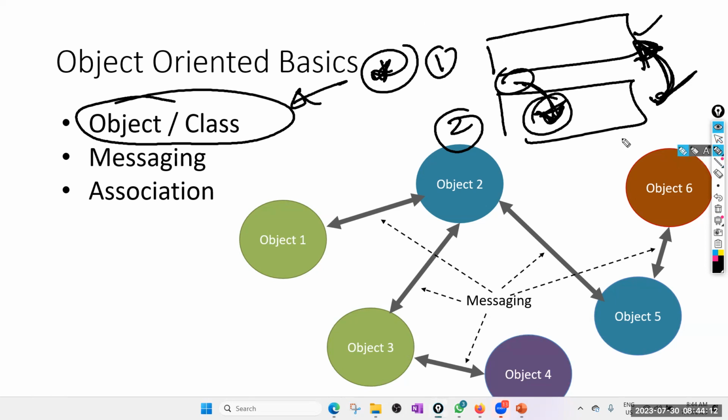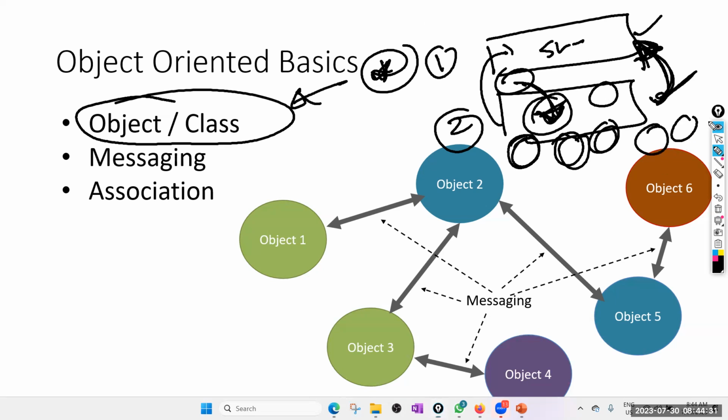When you see a set of student objects, to represent all these student objects, we can model a student class. To represent all the bank account objects, we can model an account class. To represent all the payment objects, we can model a payment class.